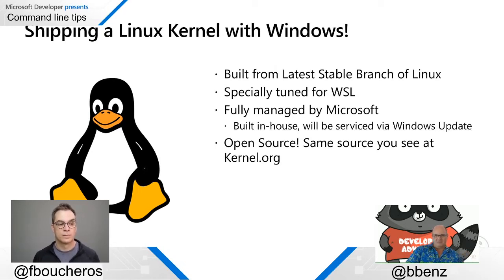They've done some things to optimize the file system, of course, and some other things so that you can share files between your Windows command line, and also your Files Explorer and other applications that are running on Windows and applications that are running on Linux.